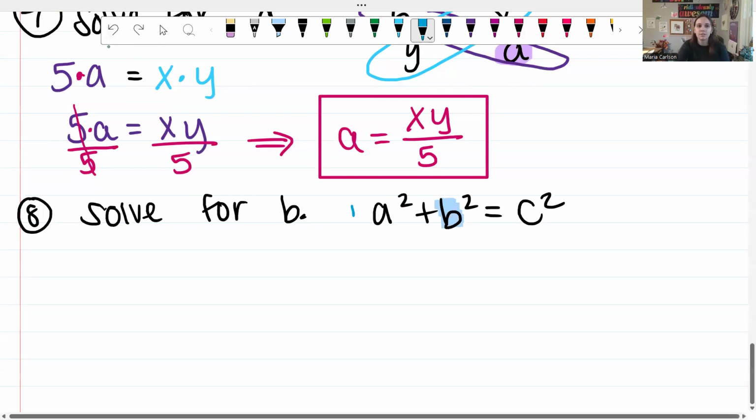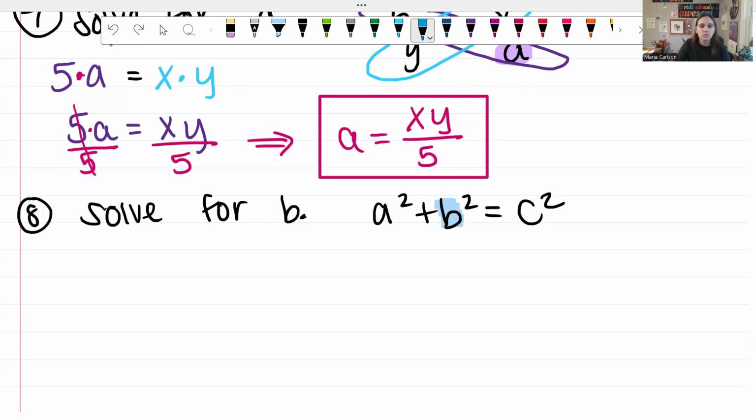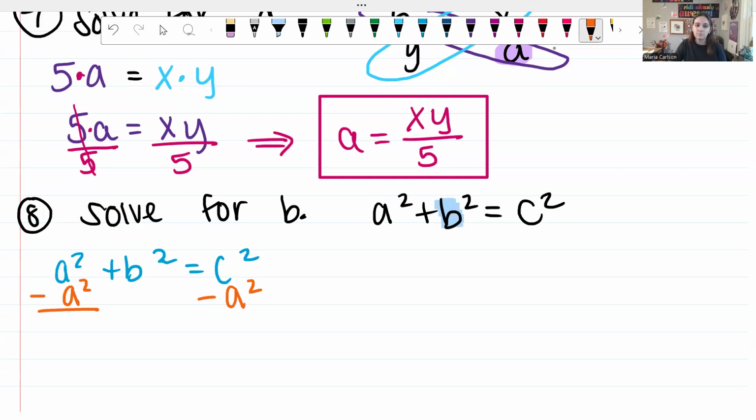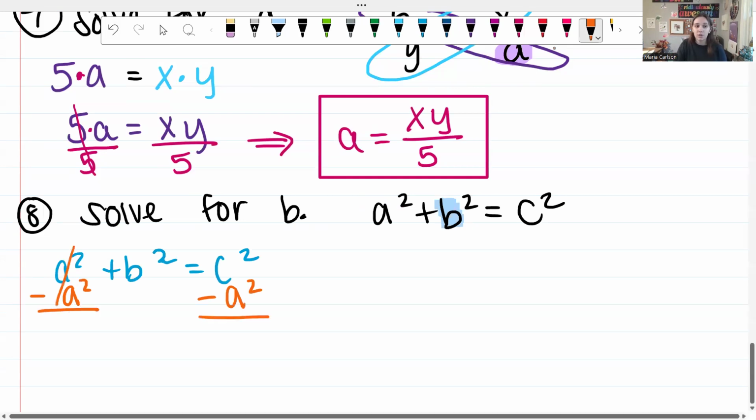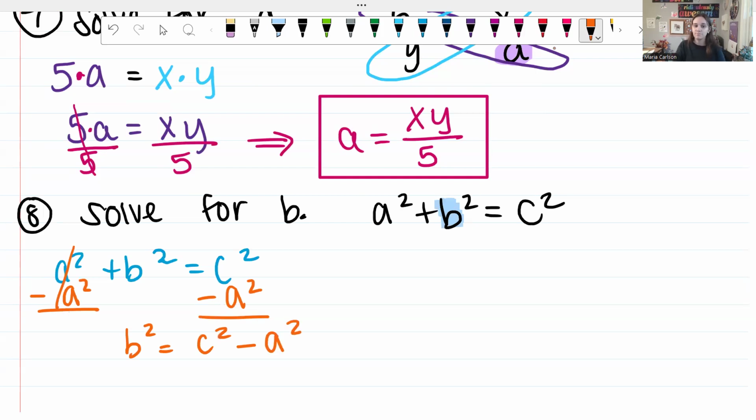So let's rewrite it first. a squared plus b squared equals c squared. First thing I'm going to do is subtract a squared from both sides. So this will cancel on the left, and we have just b squared is equal to c squared minus a squared.